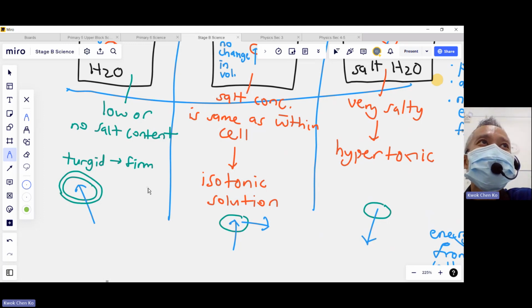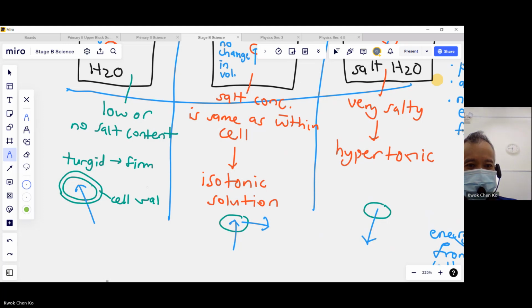Angel? Yeah, because of the cell wall. Okay, cell wall. All right, basically the cell wall prevents lysis. So it just makes your cell very firm.